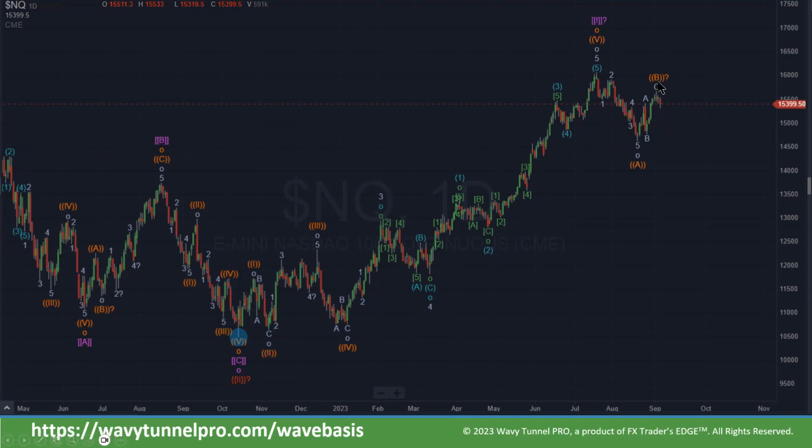Right now, we can only count 3 up. So we're thinking as long as this top holds, then we can trade lower. If this top is taken out, then this count will change. And then maybe this will see 5 waves up, followed by 3 waves down, and we're off to the races. But I just don't know.